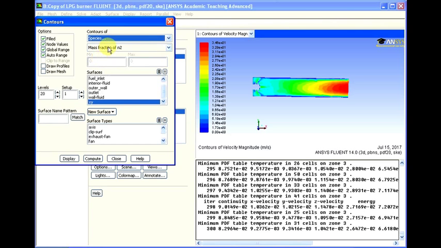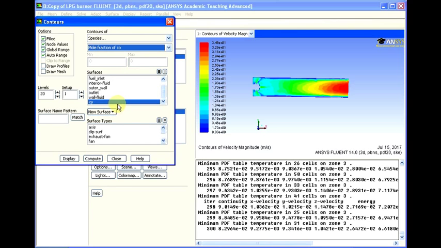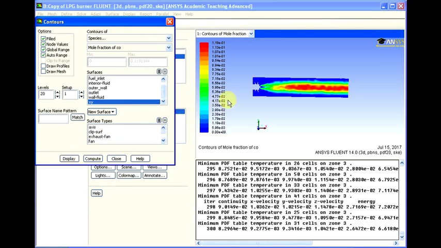It's very important. This non-premixed model allows us to see the mole fraction of carbon monoxide, CO, that indicates the completion of combustion. You can convert the mole fraction directly to ppm.